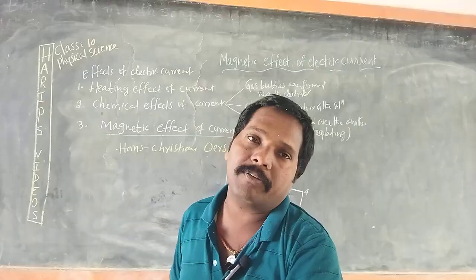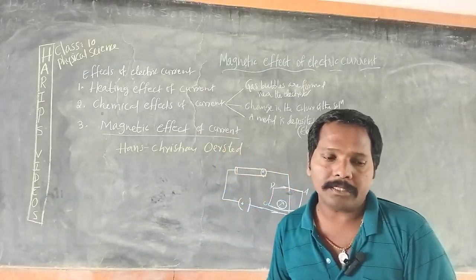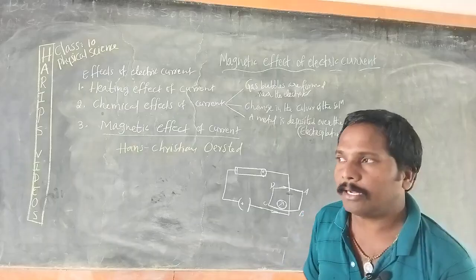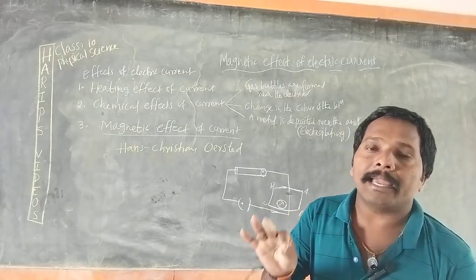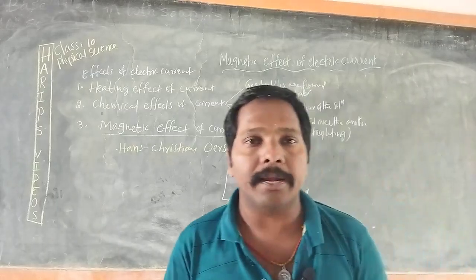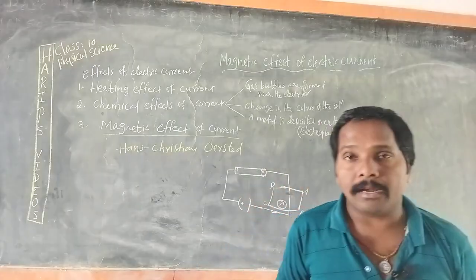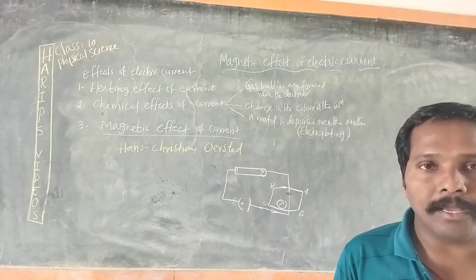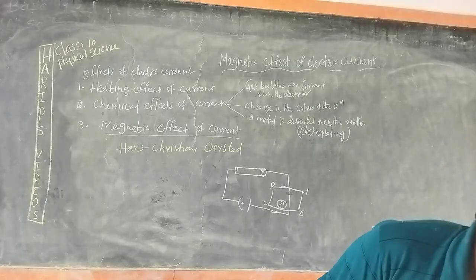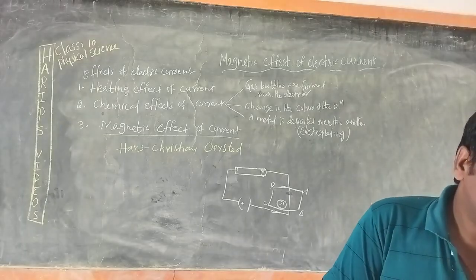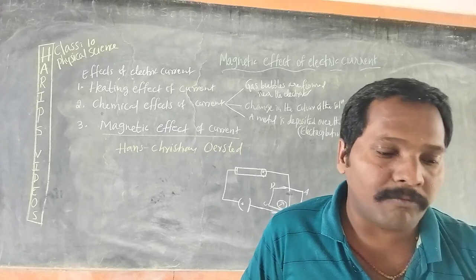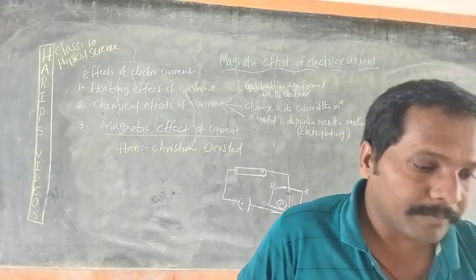Such effect of electric current is nothing but the magnetic effect of electric current. Simply we can call it electromagnetism. So this observation shows that electricity and magnetism were related phenomena.